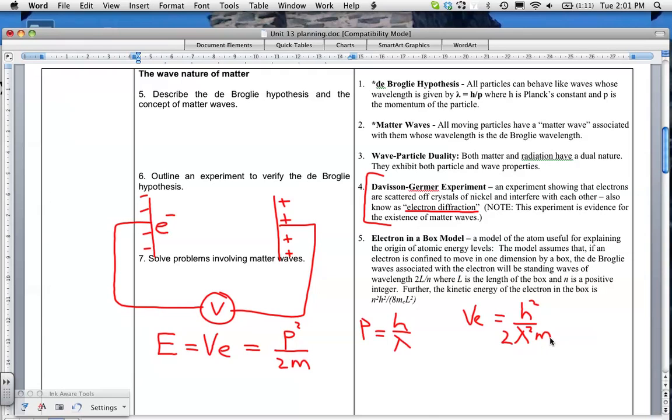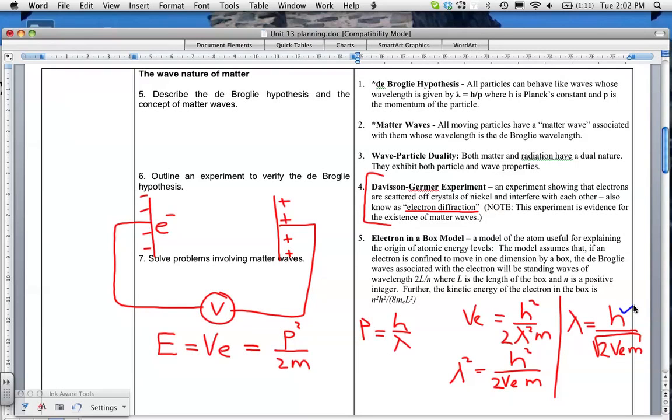So if I take my lambda squared out, I'm going to get lambda squared is equal to h squared over 2VEm, and we take the square root of that. Therefore, lambda is equal to h over the square root of 2VEm.